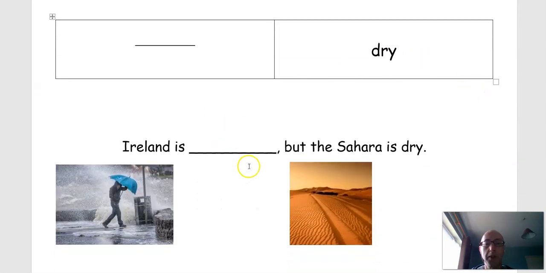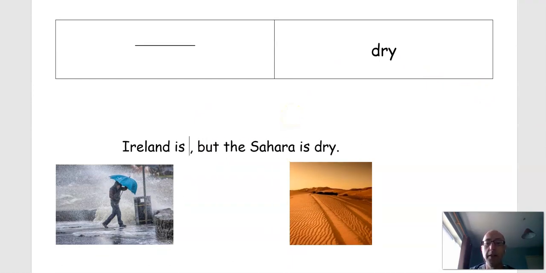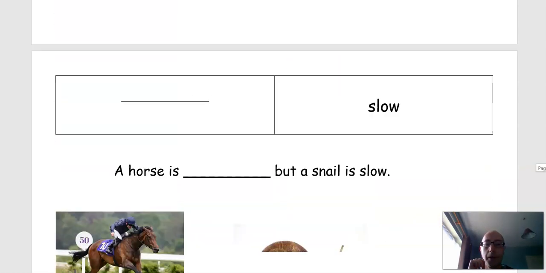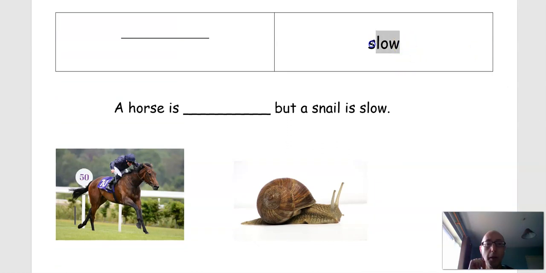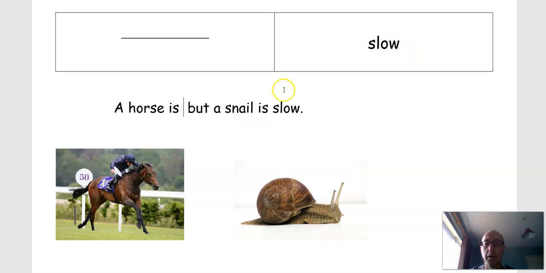We have dry. What's the opposite of dry? The Sahara is dry. Ireland is, begins with W. Wet. Perfect. Next one. We have slow. What's the opposite of slow? Horse is F-A-S-T.